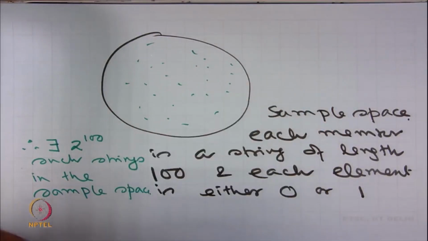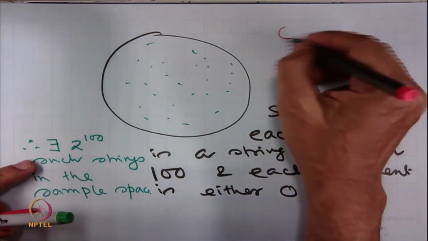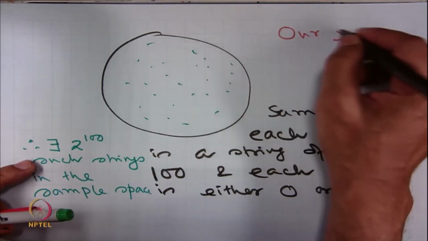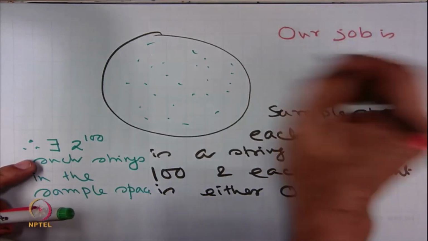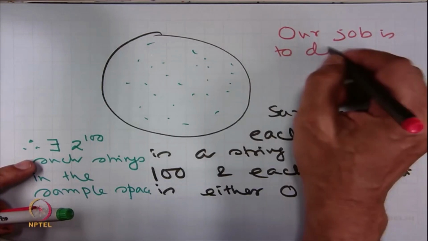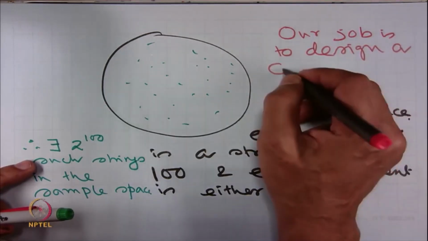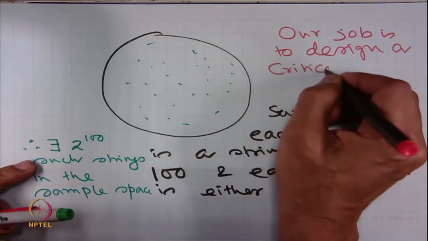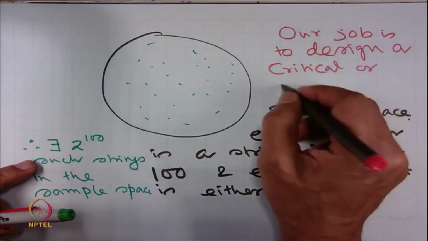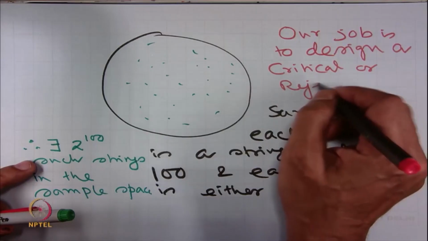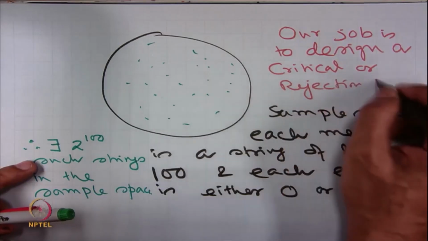Now, our job is to design a critical region, or rejection region.